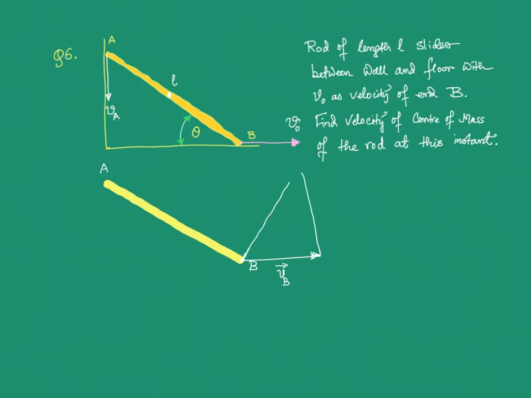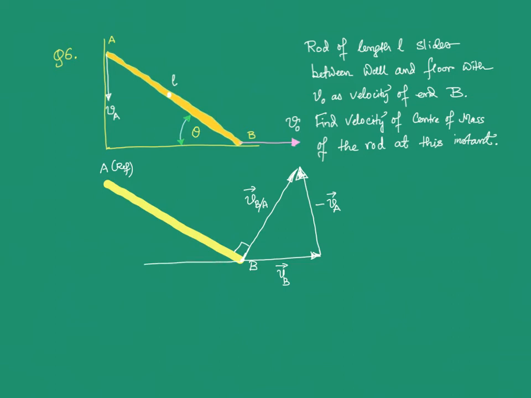You can use the parallelogram law or anything. So this is vector minus VA. With the triangle law, just join tail to tail. So A is the reference, and this will be the velocity of B relative to A. Now what about the angle?